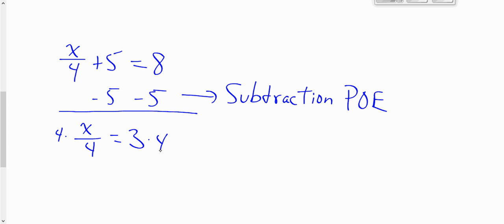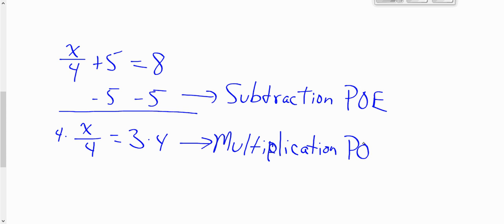So what would we call this? Multiplication. I can't spell too good. Okay? And of course, the 4's cancel, you end up with x equals 12, right?